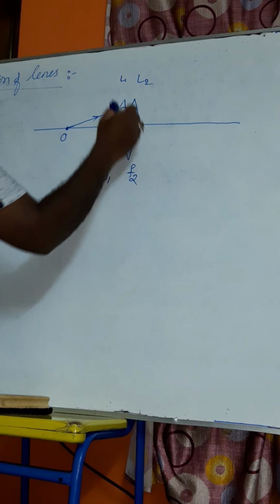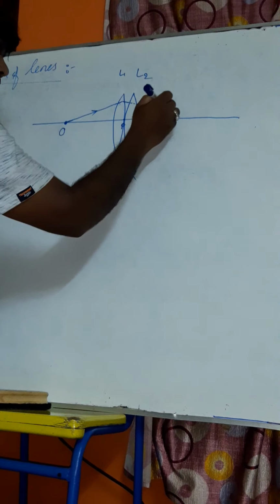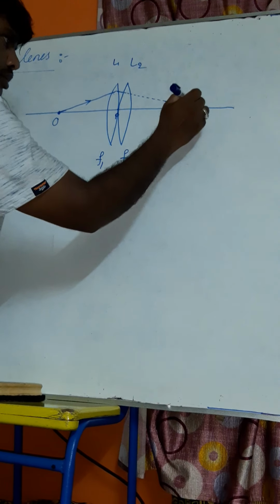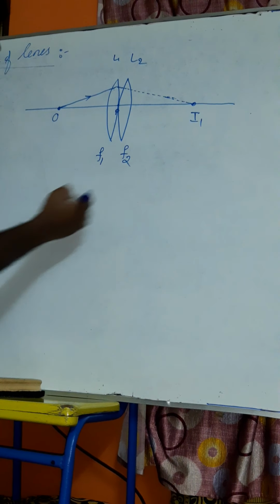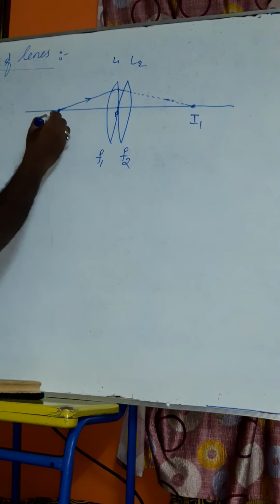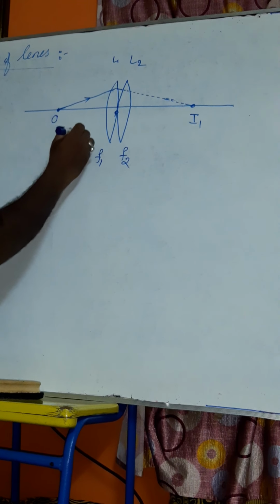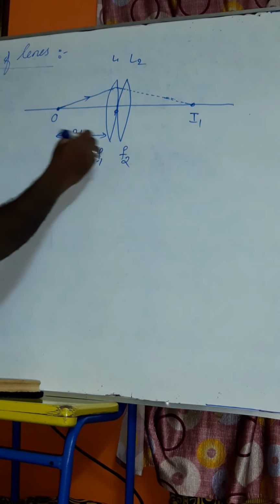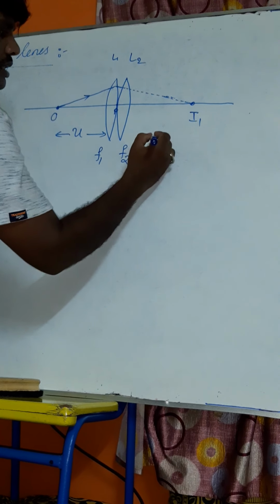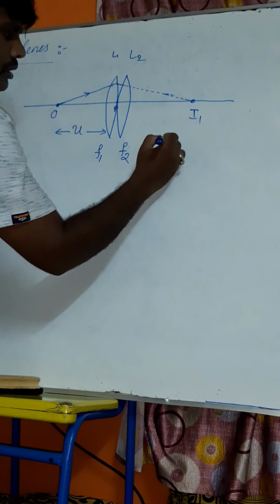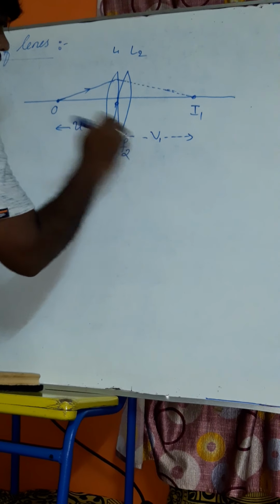If the second lens were not present, it would proceed in this direction and the image would be formed here. Let us consider that image as I1. O to P is the object distance U and P to I1 is the image distance V1.